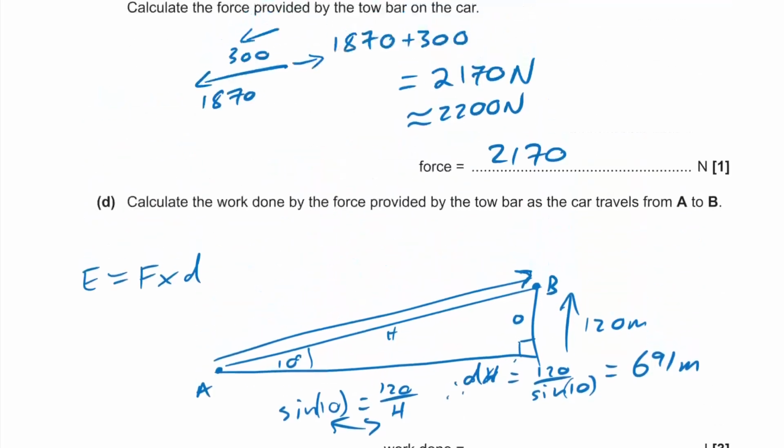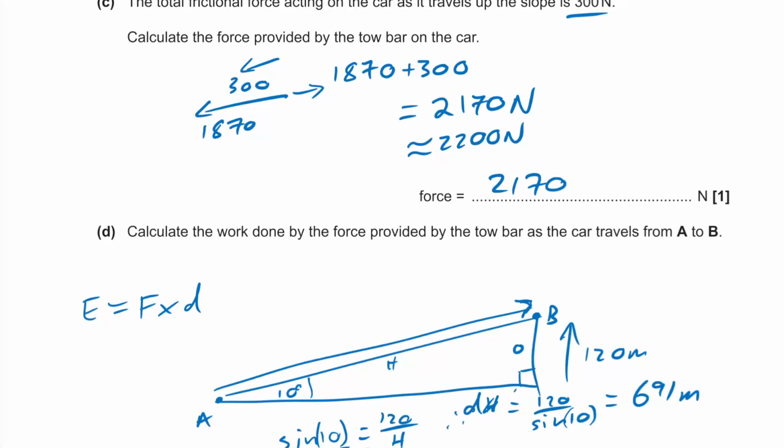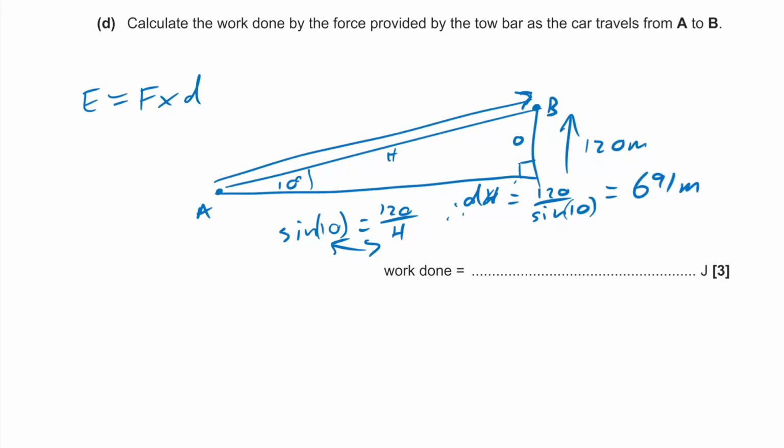We've got that from earlier. It's our 2,170 newtons, because in order to pull something up at a constant speed, you need to be putting in just as much force. We know that, we just answered that, fine. So therefore this is going to be equal to that 2,170 times 691. And that gives us pretty much bang on 1.5 times 10 to the 6 joules.